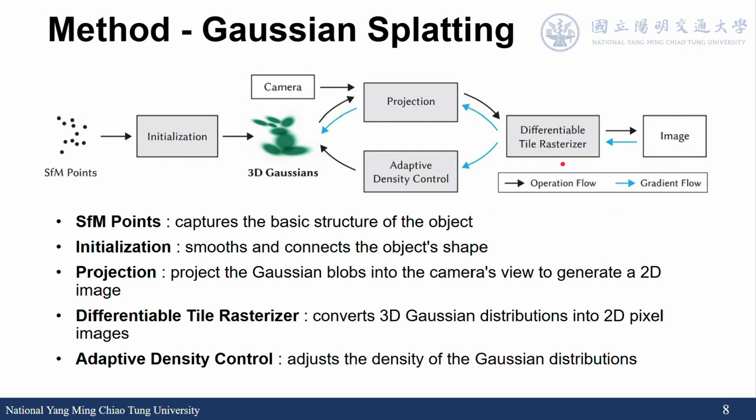Finally, the rendered 2D image retains the complete 3D Gaussian parameters for each pixel, allowing these parameters to be back-projected into 3D space, thus enabling the reconstruction of the entire 3D model of the object.